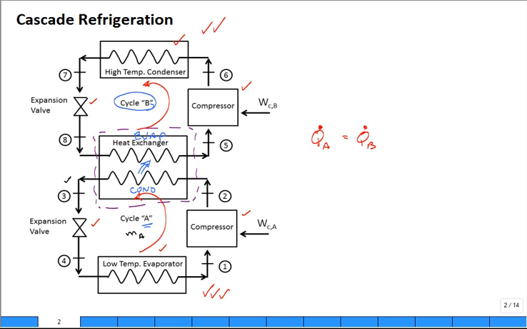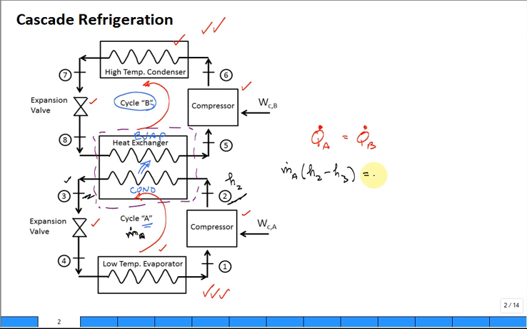That energy balance is the mass flow rate of the fluid in cycle A, times the enthalpy 2 minus enthalpy 3. It's higher enthalpy 2 because this acts as a condenser. It's coming out typically saturated liquid at state 3, going in superheated vapor at state 2.